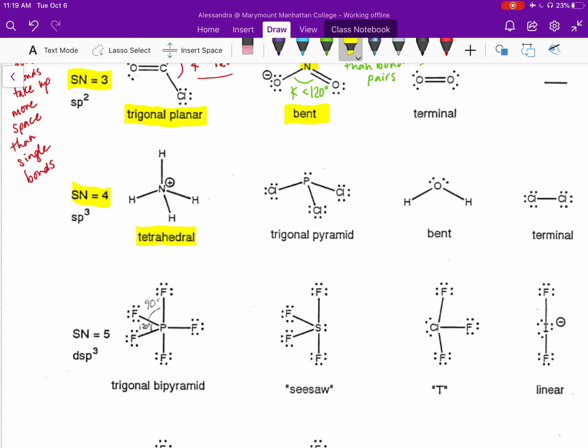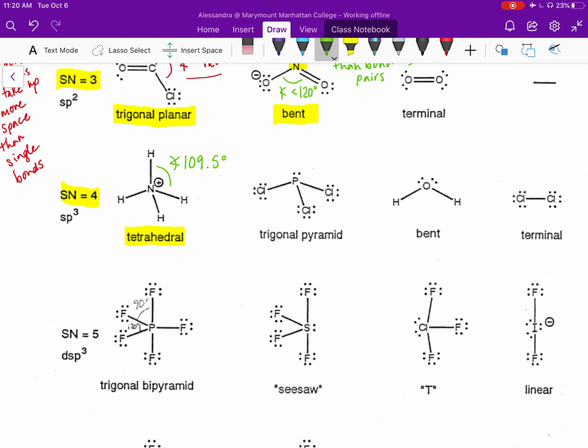If we have a lone pair on the central atom, so we still have a substituent number of 4, but one of the regions of electron density is a lone pair, the resulting geometry is a trigonal pyramid. And that means that these 3 chlorines would kind of be the bottom of the pyramid, and then you would have the electron density occupying its own space.